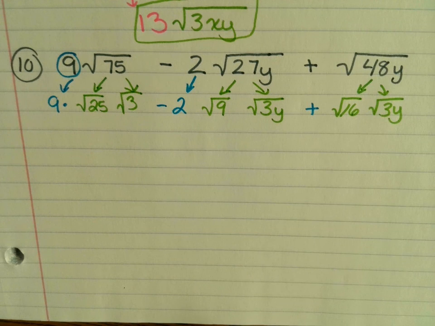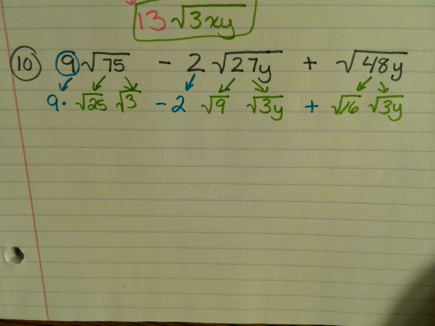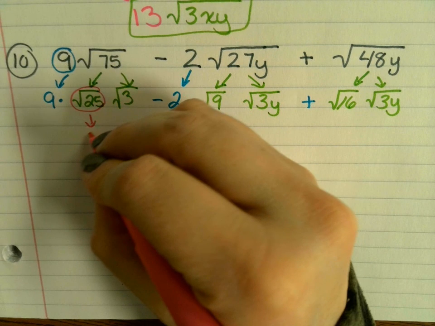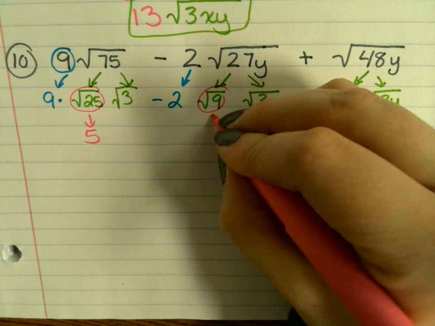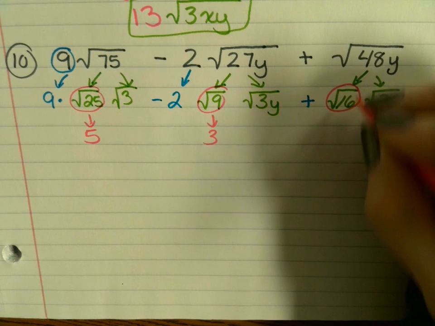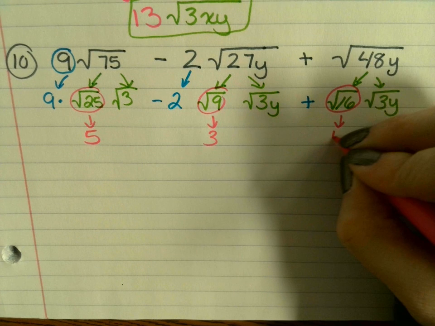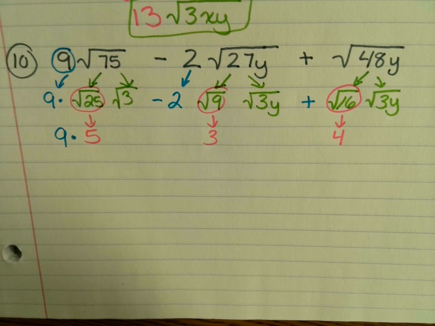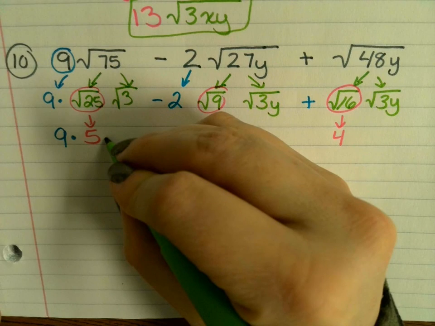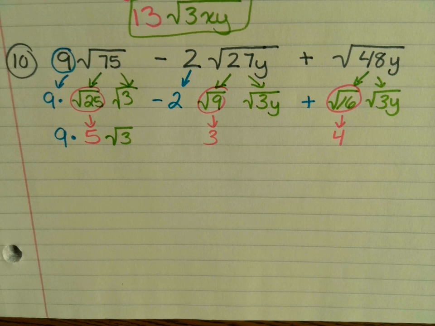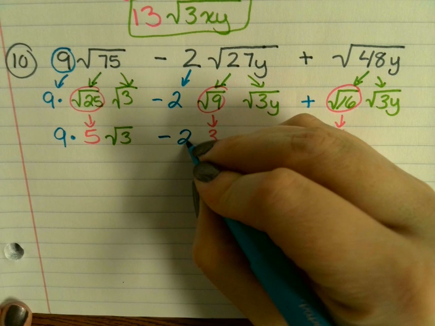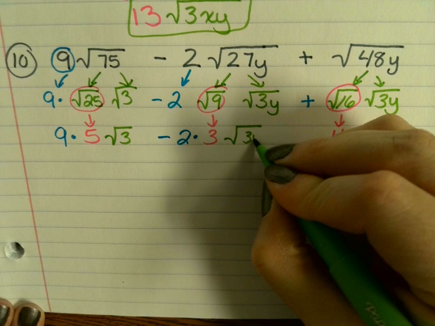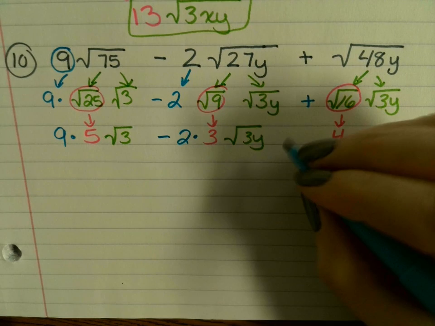Okay, so now I'm going to go ahead and identify all my perfect squares. I've got square root of 25, which is 5. I've got square root of 9, which is 3. I've got that square root of 16, which is 4. Okay, so this becomes 9 times 5 square root of 3 minus 2 times 3 square root of 3y plus 4 square root of 3y.